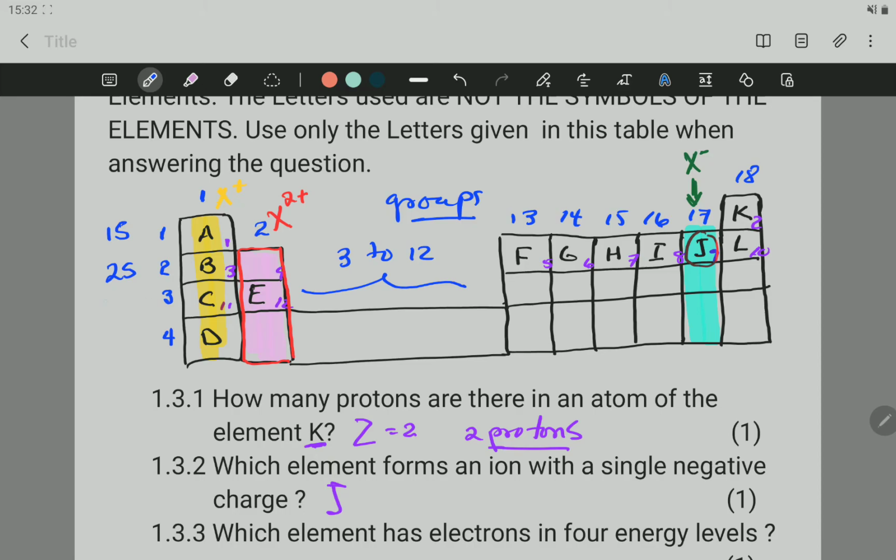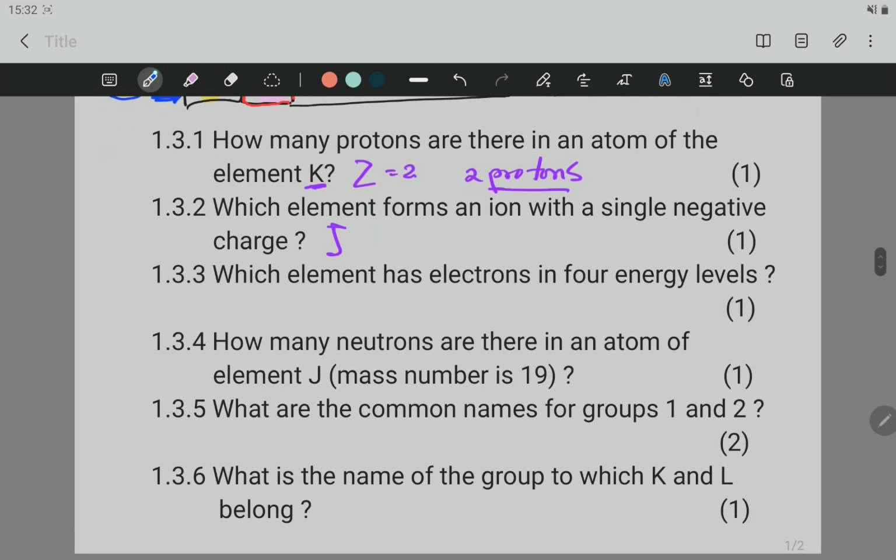In period 3 will finish in energy level 3, orbital s. And the ones here will finish in energy level 4, orbital s. So these are the ones that give you the 4 energy levels. So the answer for that question will be D.